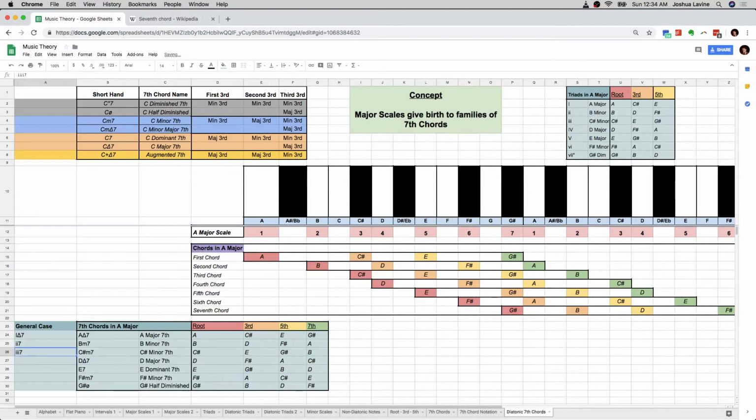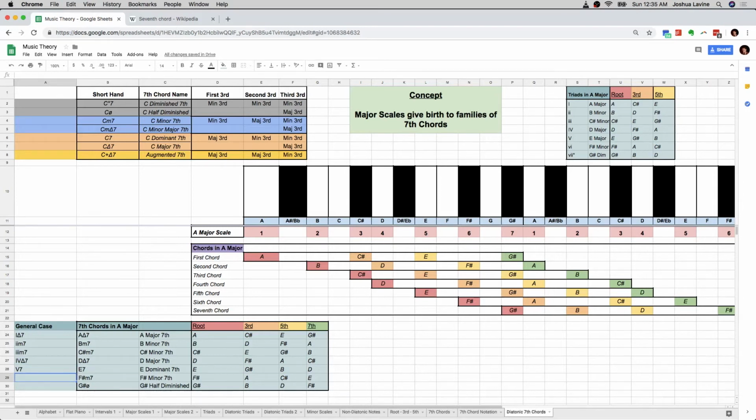And by the way, I'm just writing lowercase i's and then the 7 here. The lowercase basically gives me a minor. And I'll just go ahead and write this out, because that will cause less confusion. And so now we have a 4 major 7, and now we have a 5 just dominant 7.